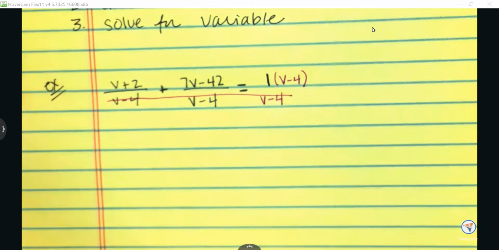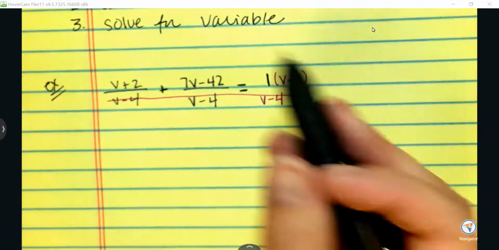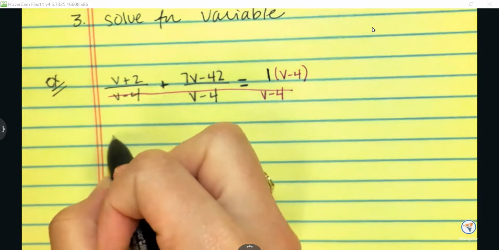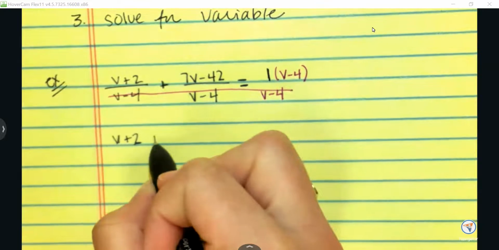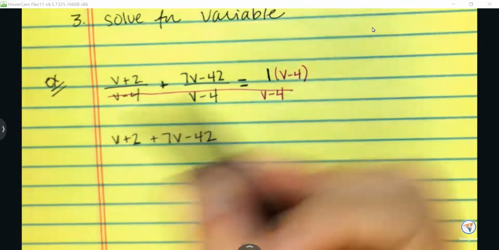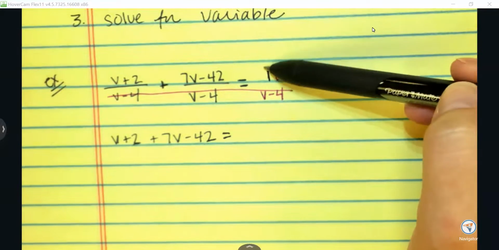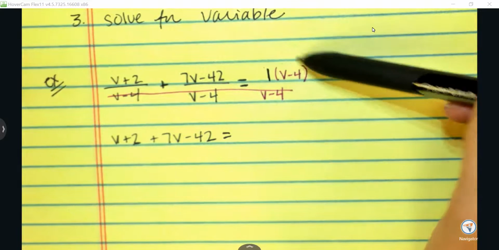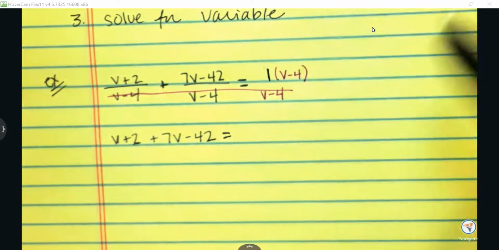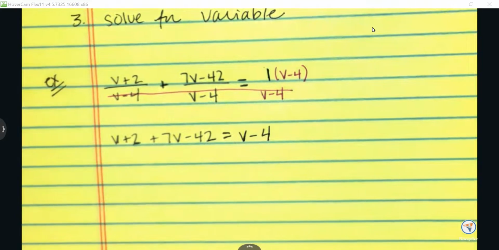Okay. So when I cancel all my denominators, what I'm left with is just what's on top. So I have v plus 2 plus 7v minus 42 equals, if I have this 1 touching parentheses, what should I really be doing? Distributing, but 1 times anything is just the anything. So v minus 4.